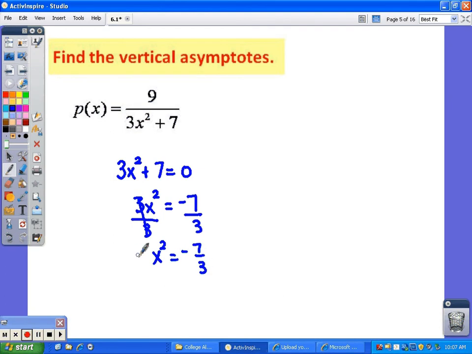Now remember, with that method we take the square root of both sides, but immediately you can see the square root of a negative will be i, which is imaginary, and we are only graphing real things, so that tells me that there is no vertical asymptote here.